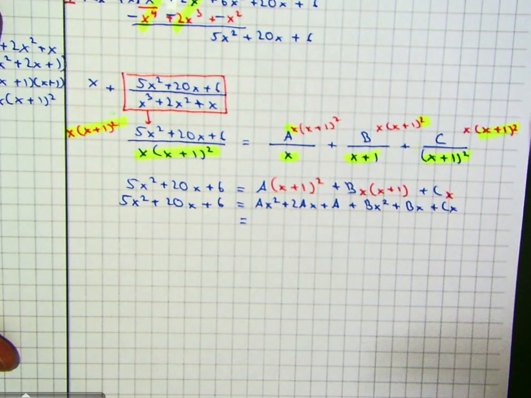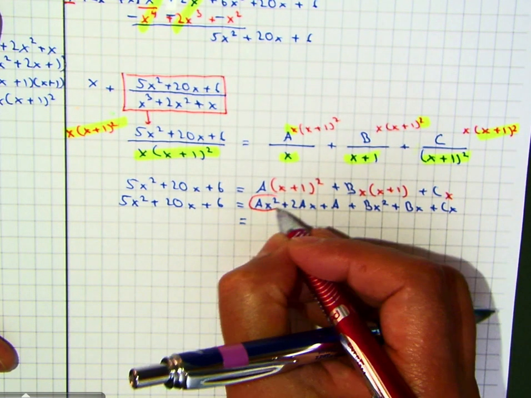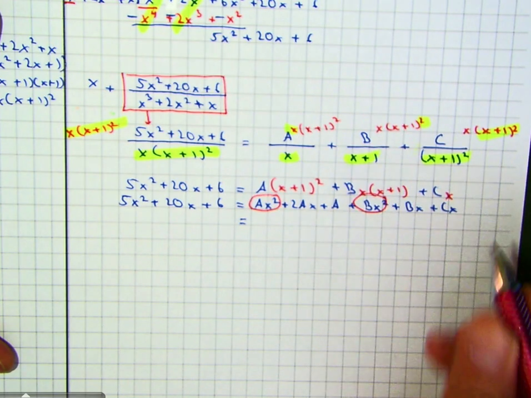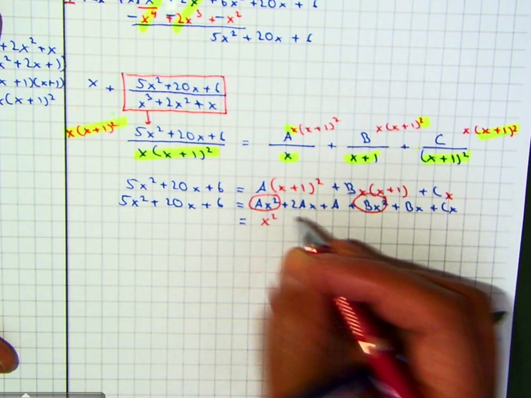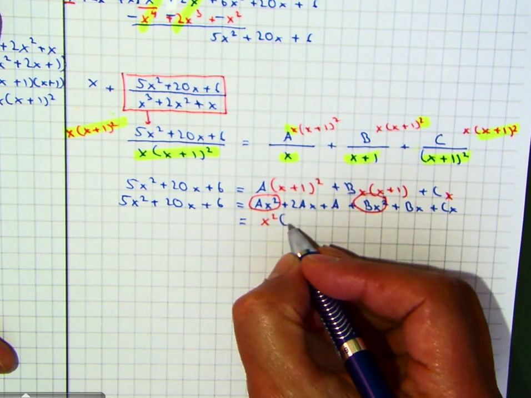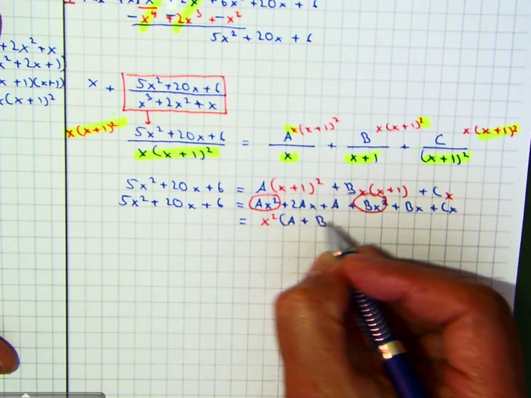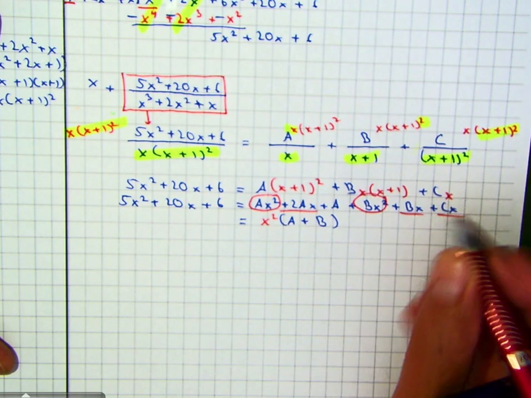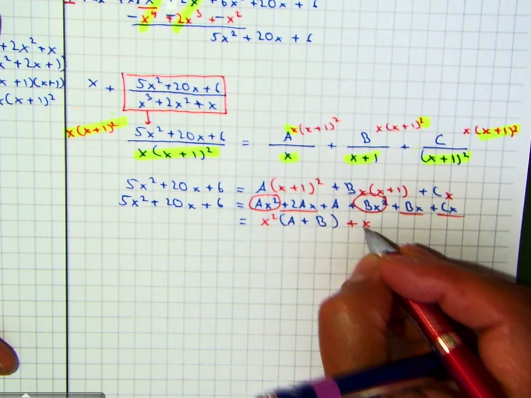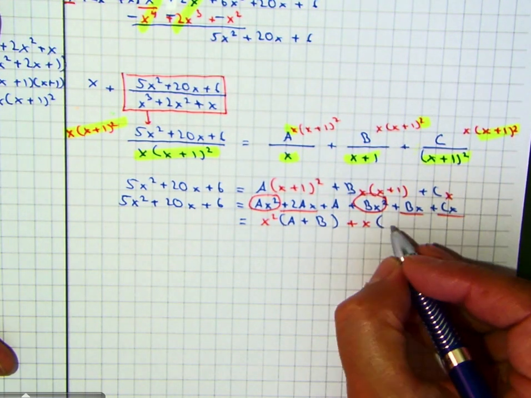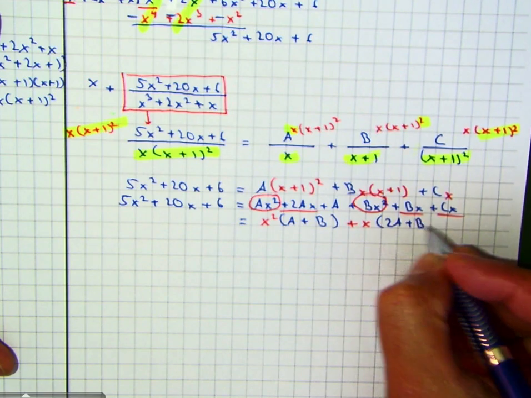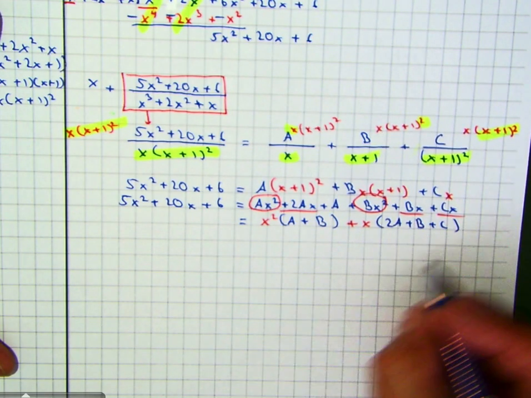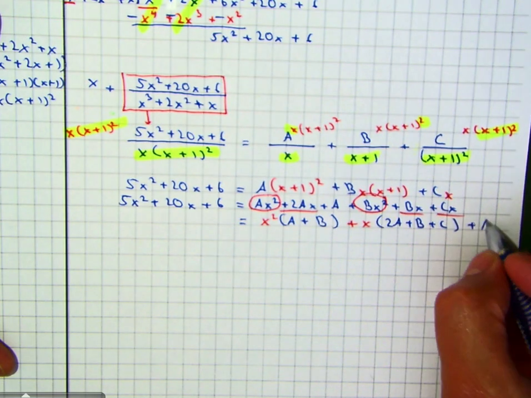And now I'm going to combine like terms, and I'm going to factor my x squared right away, because I know I can factor an x squared, so I can save myself one step. And I'm sure some of you guys are already doing that. I'm going to combine my x's, and I'm going to factor out my x. So plus x. What's left behind? We have 2a plus b plus c. And then we have a lonely a.